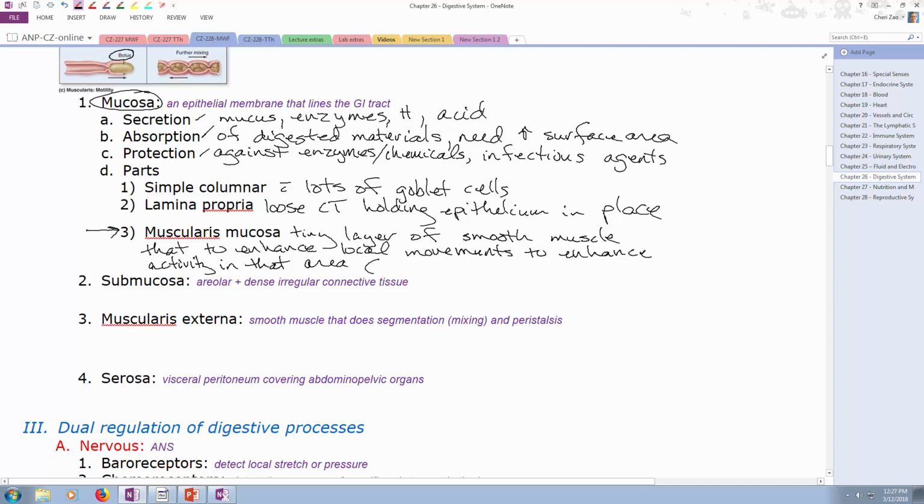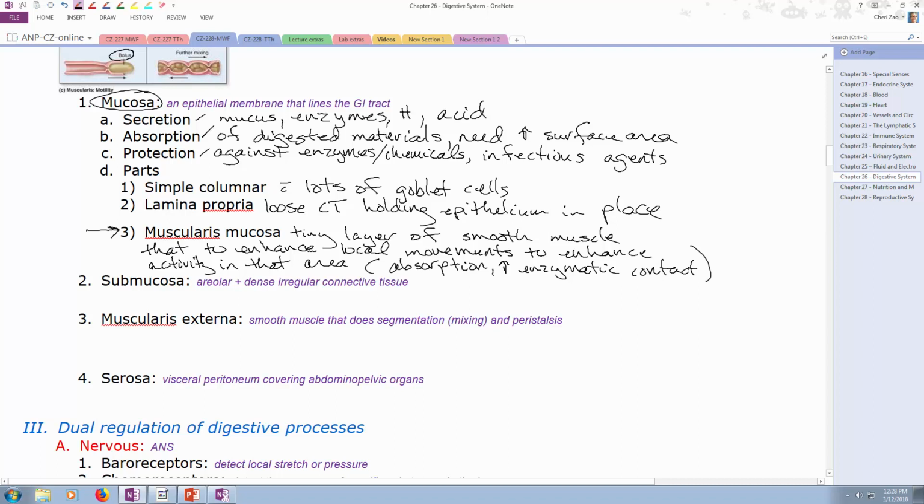And some of the activity could be absorption, or increased enzymatic contact. In other words, like shaking and stirring it up.